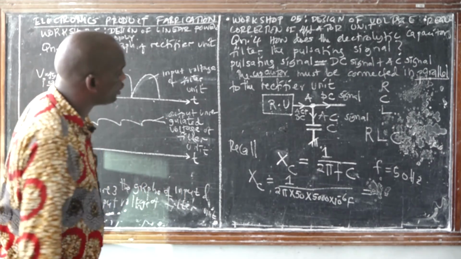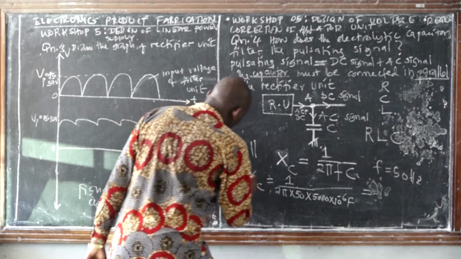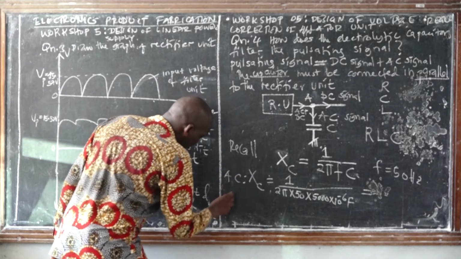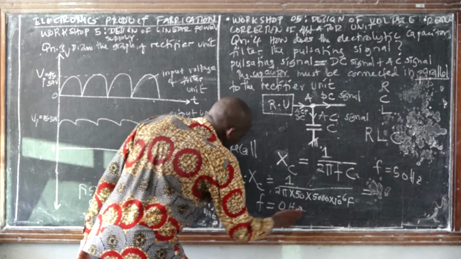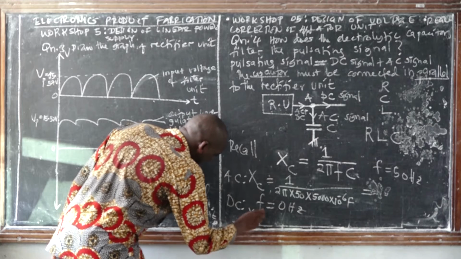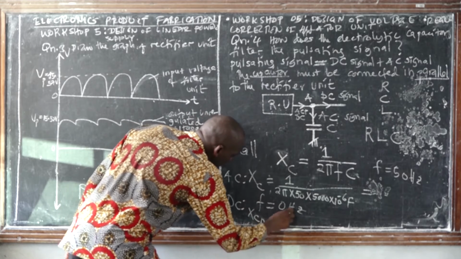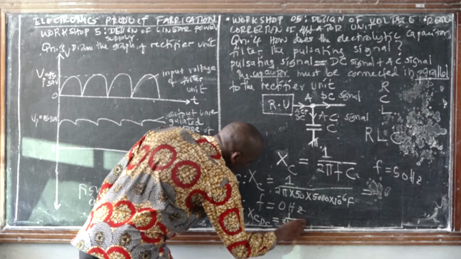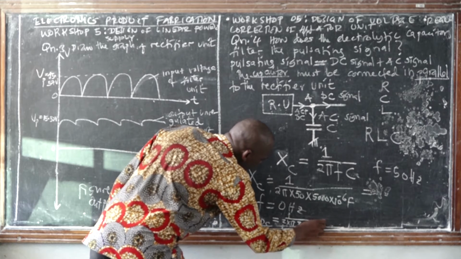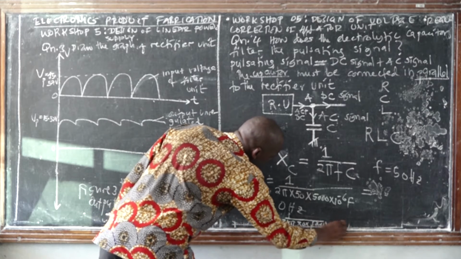Okay? This is for the AC signal. For the DC signal, the frequency is 0 Hz. So if we calculate the capacitive reactance for the DC signal, we have 1 over 2 times pi times 0 times 5,000 exponent negative 6 farad.